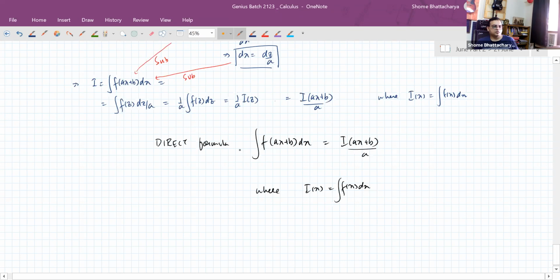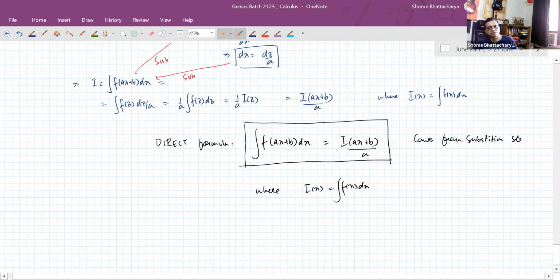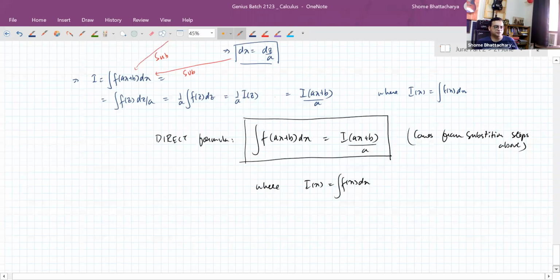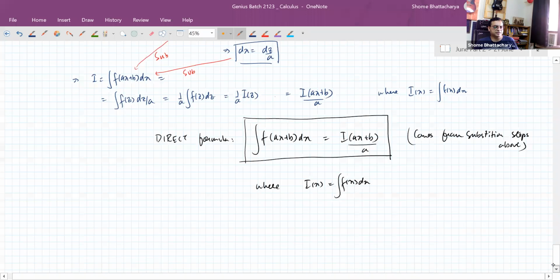But you should also understand the logic of this formula. The logic of this formula comes from substitution. So this basically comes from the substitution steps which we have seen above. So let's understand a couple of examples with the substitution steps first.